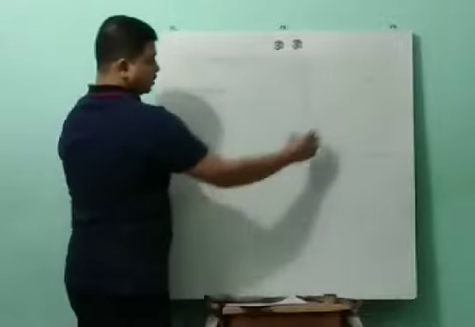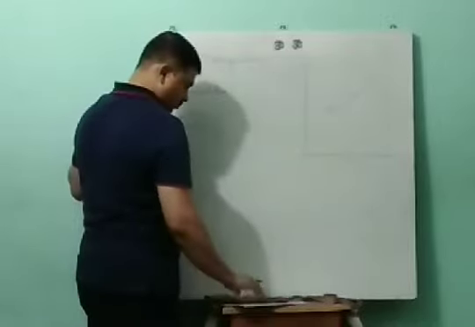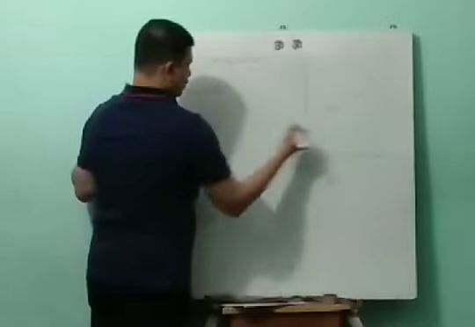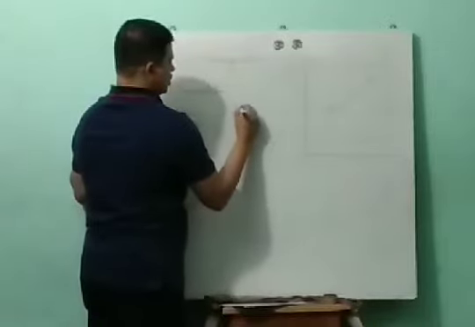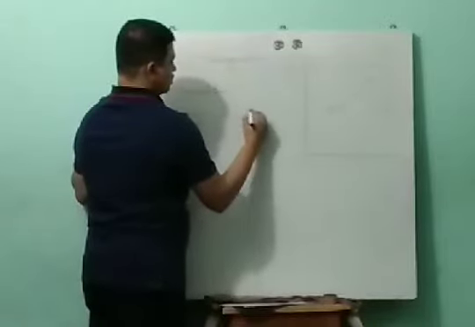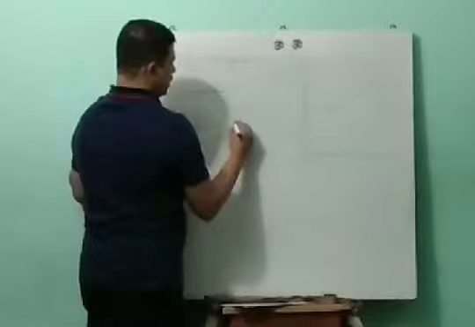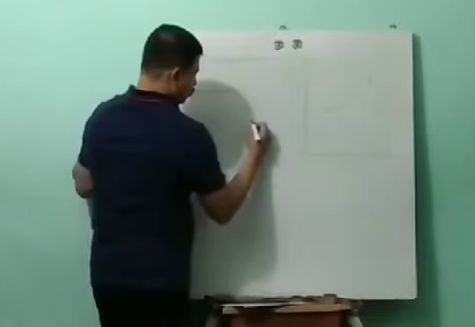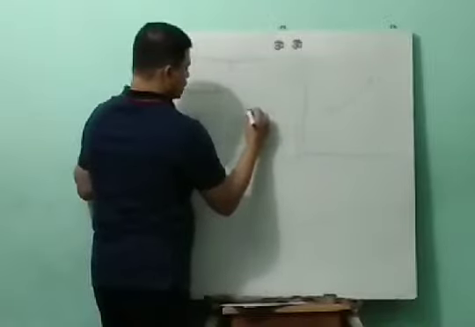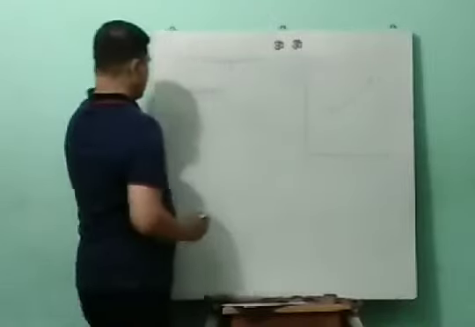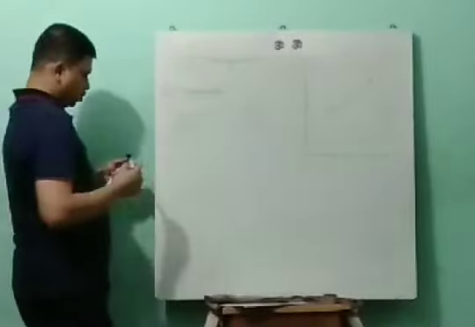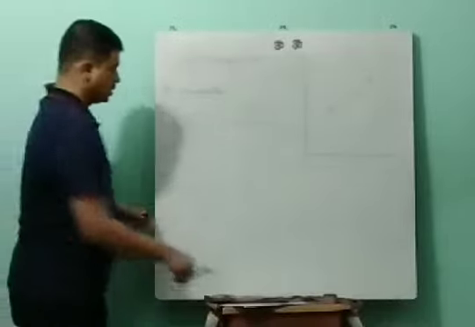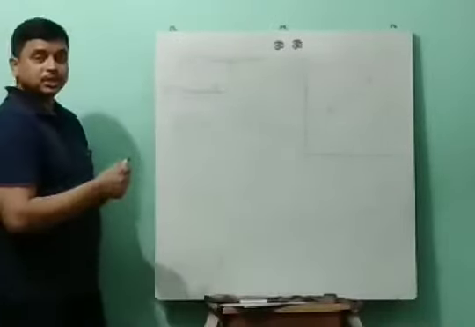So let us consider the point P1 as 1, 1 and P2 as 2, 4. So this is the given problem statement, and the translation vector is 2 and 3. That is 2 in x-axis, in y-axis it is 3 units.